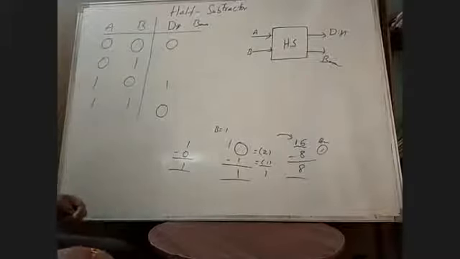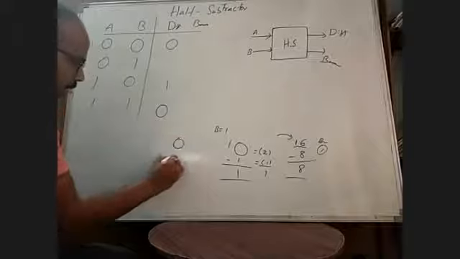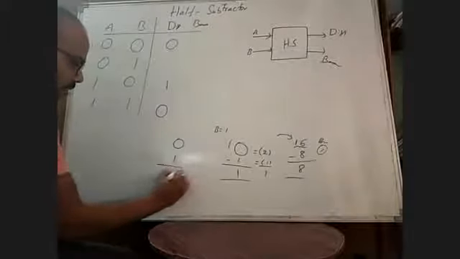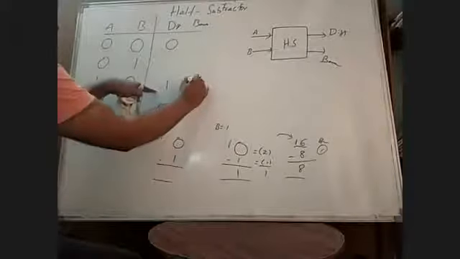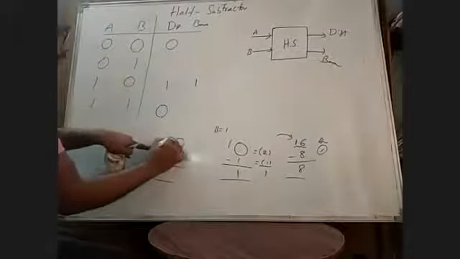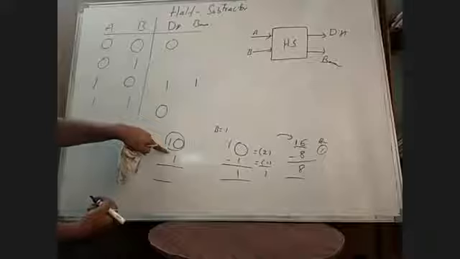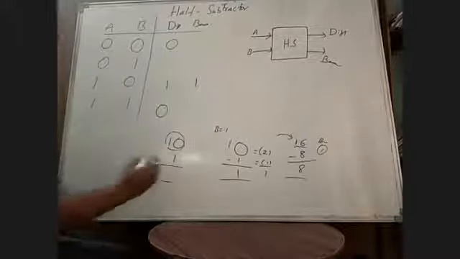When you are subtracting 1 from 0, we are setting borrow equals to 1. Then this will be equal to 1 0, which is 2 in decimal. 2 minus 1, the result is 1.